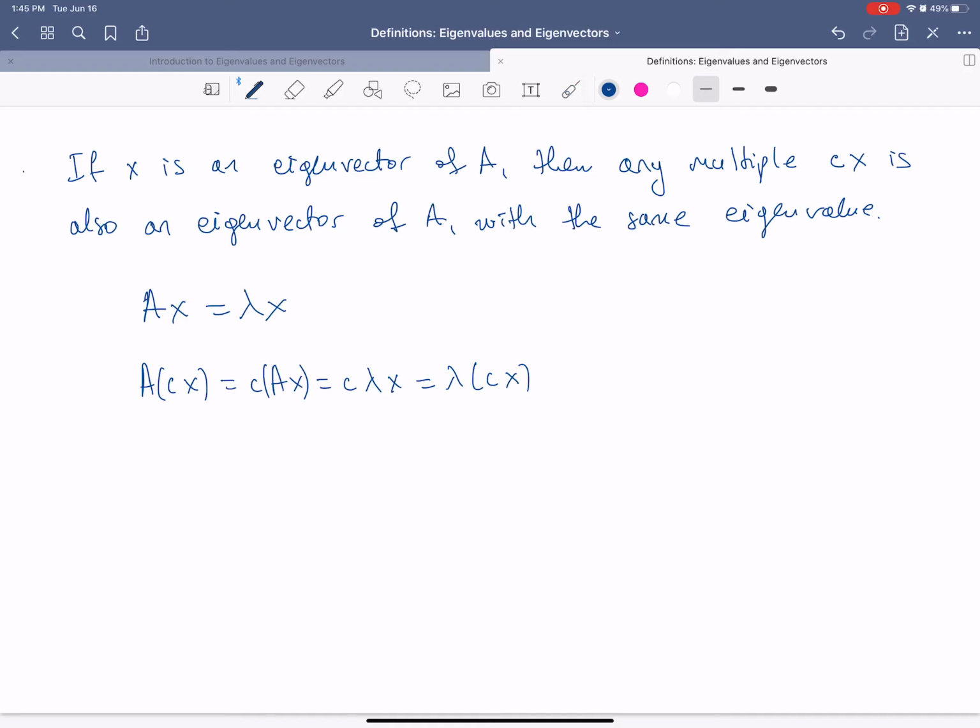Another perhaps even more important property about eigenvalues and eigenvectors is the following.